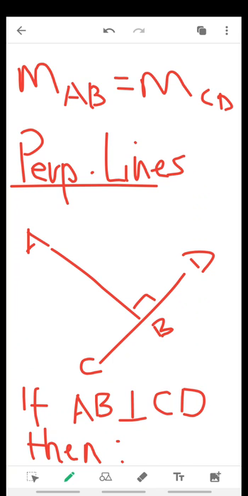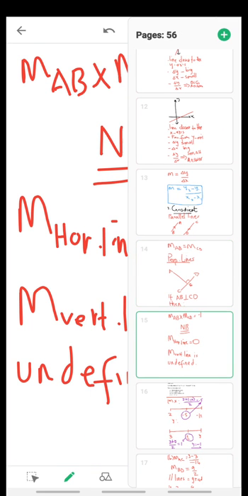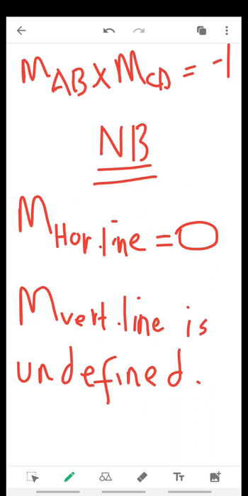We discover that if AB is perpendicular to CD, then the product of their gradients will equal -1. Underline that: the gradient of AB multiplied by the gradient of CD equals -1.